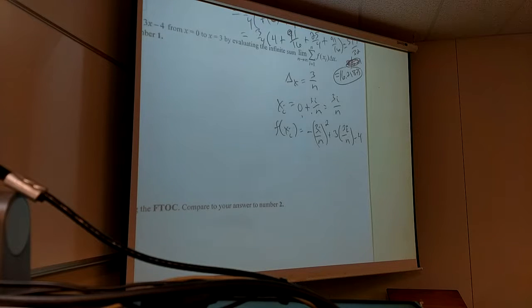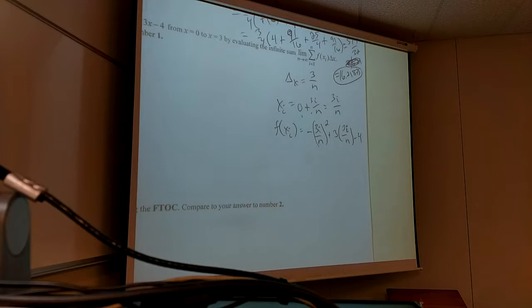So if your delta x was 2 over n and your a was 3, how do you get to the next one? You would take 3 and add 1 of these. How would you get to the next one? You would take 3 and add 2 of these. So how would I get to the ith one? I would take 3 and add i of these. That's how you get xi.